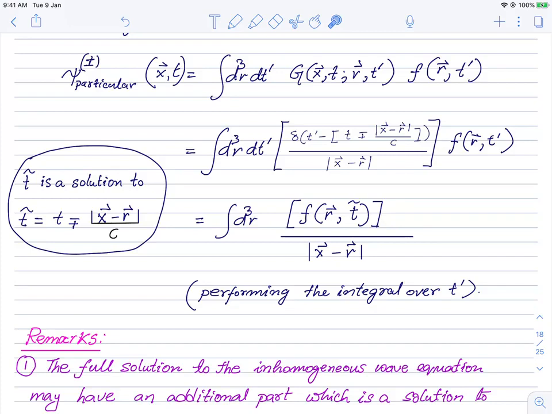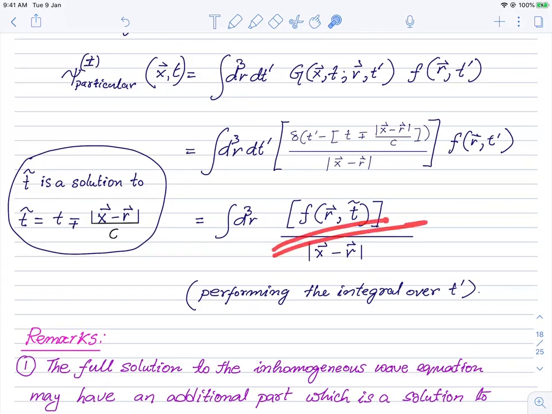Because for the advanced solution, what happens? If we are interested in the field at time t, it will be given by the source at a later time, because of the plus sign. So the effect, if you like, is happening at a later time.